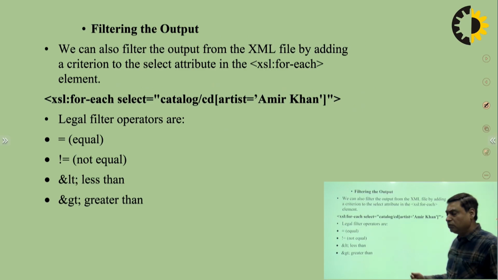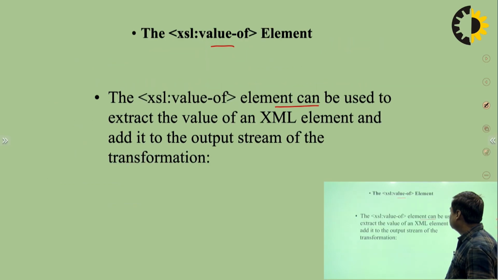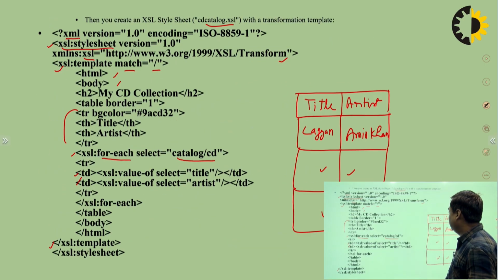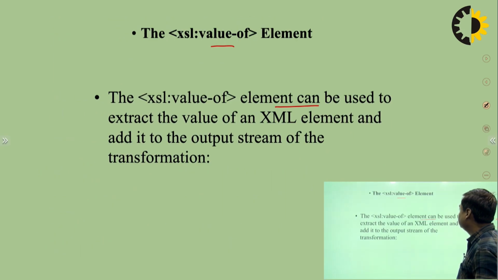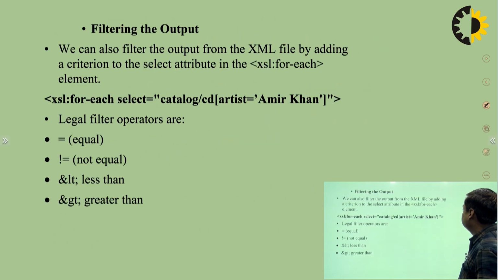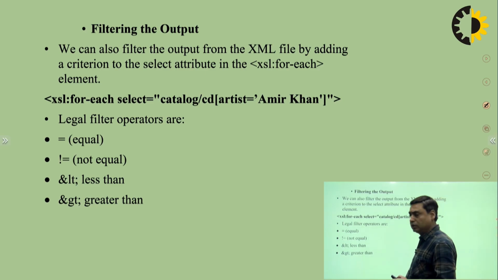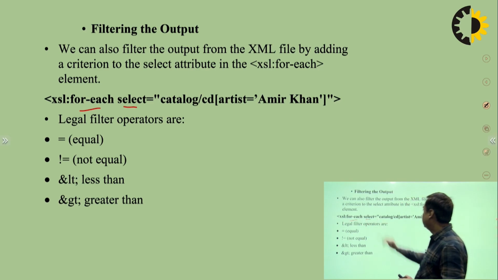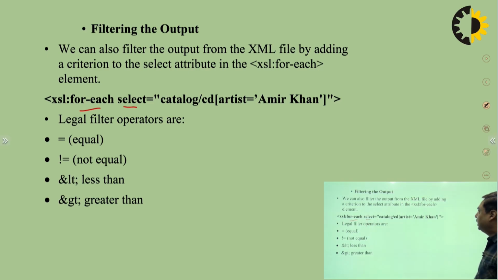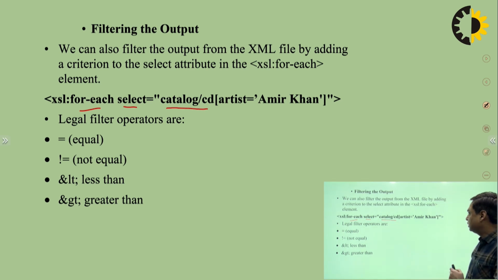Now you can also filter the content. Earlier it would display all the artists. Suppose I want to display only the artist Amir Khan. So we can apply some filtering approach also. We use the for-each, then we use select, and we select the navigation: catalog is the root element, then CD.